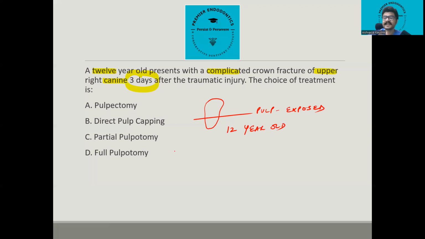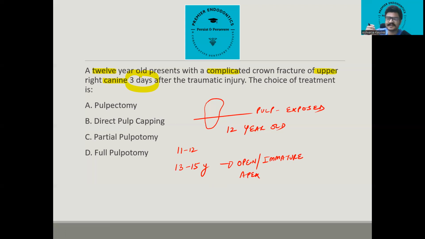Now, what is the age of eruption of the canine? 11 to 12 years. And what is the time at which root end formation is completed? That is 13 to 15 years. So the patient is 12 years, and we are dealing with an open or an immature apex case. As a clinician, our aim is to ensure that physiologic root end development takes place.